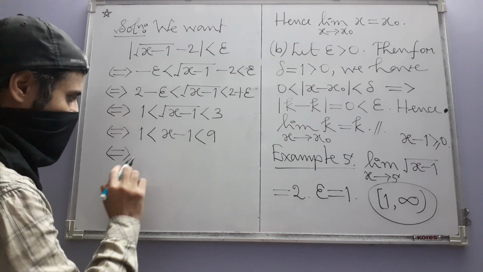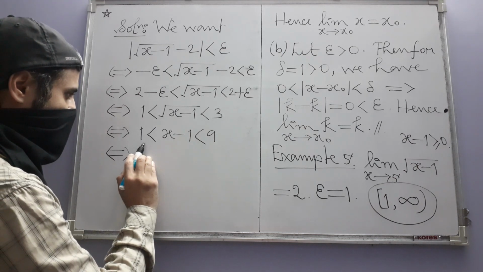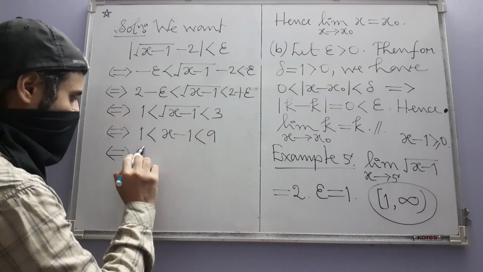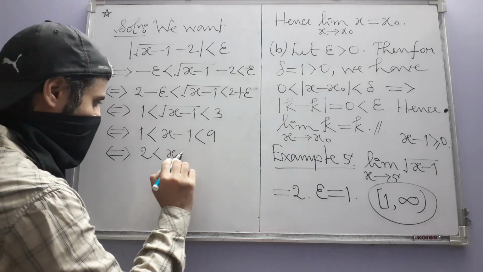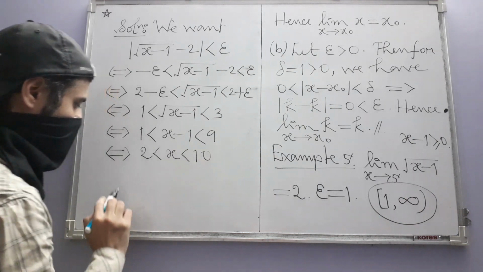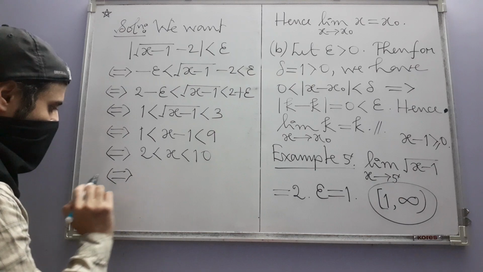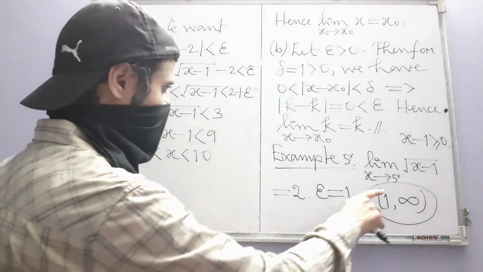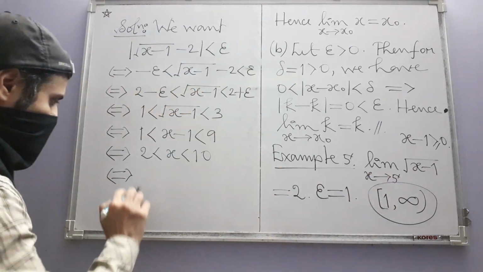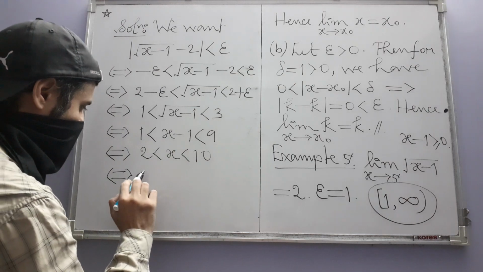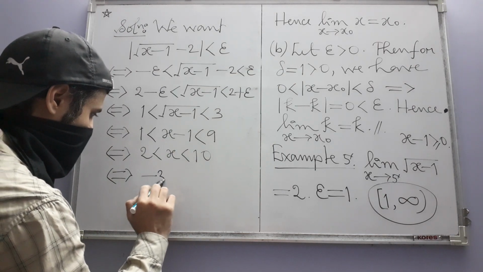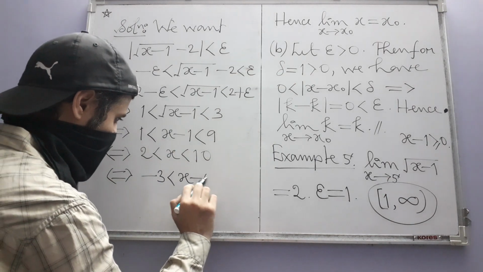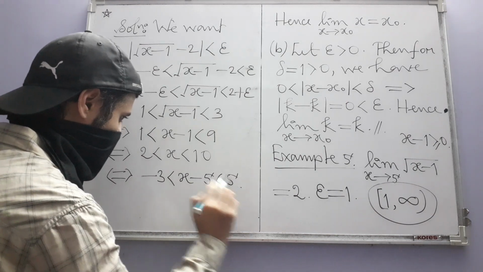So if you now add 1 throughout, then you get this. However, we want to figure out the difference between x and 5. So we subtract 5 from all the quantities. That gives me this.